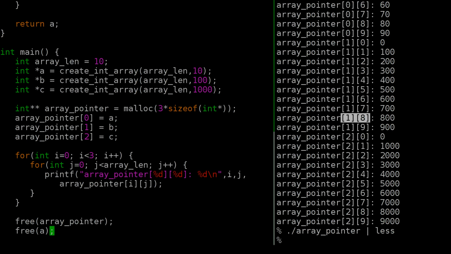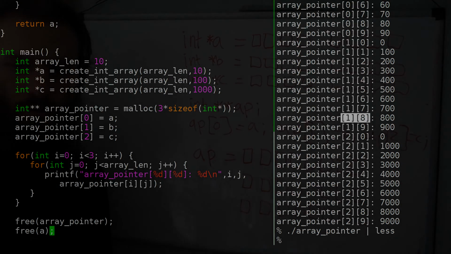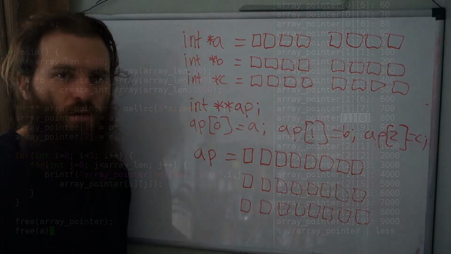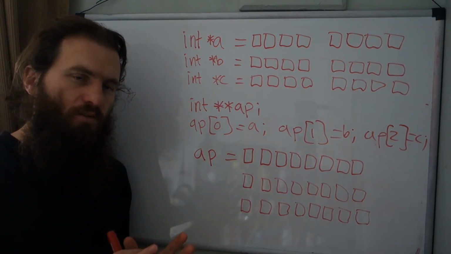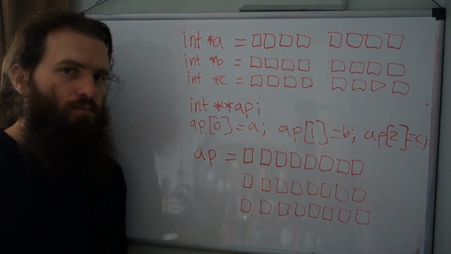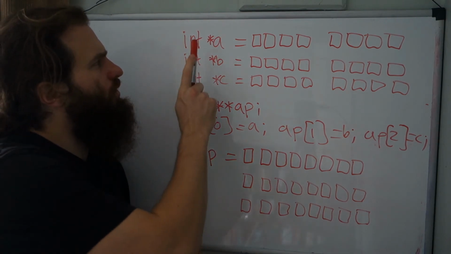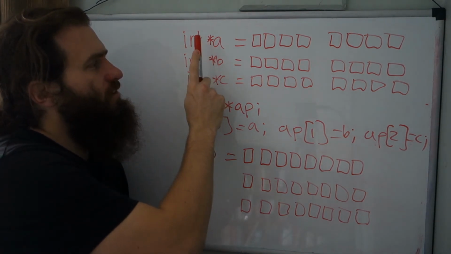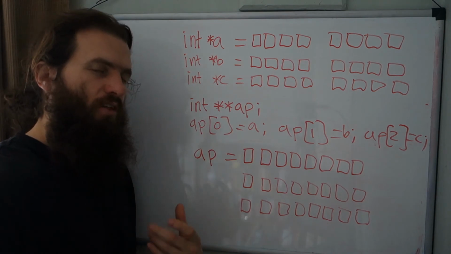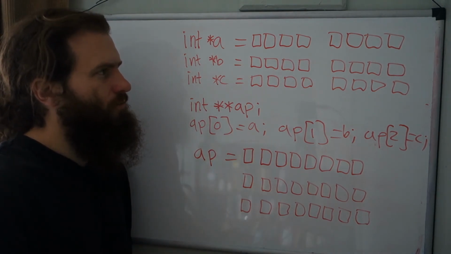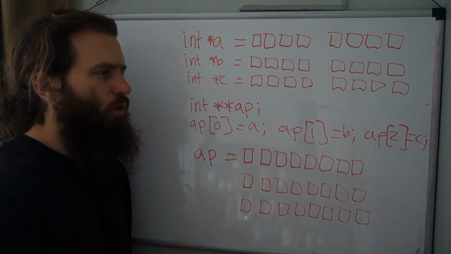I will show you a generalized pattern for this, but I just want to explain on the board now what's going on. Alright, so let me try and explain then what's going on. So our integer pointer A is a memory address. That memory address itself will have a size.